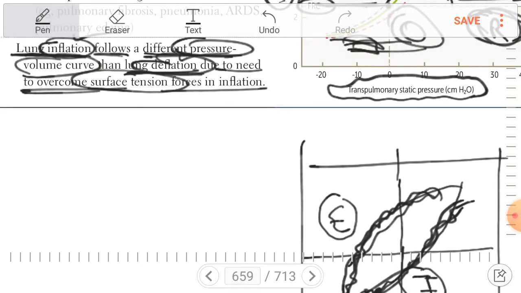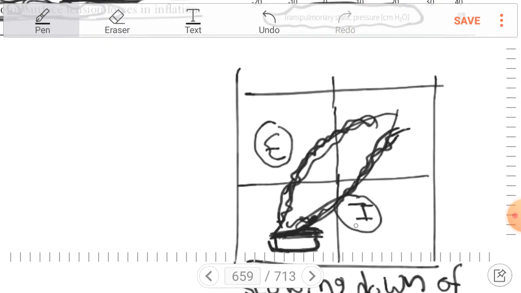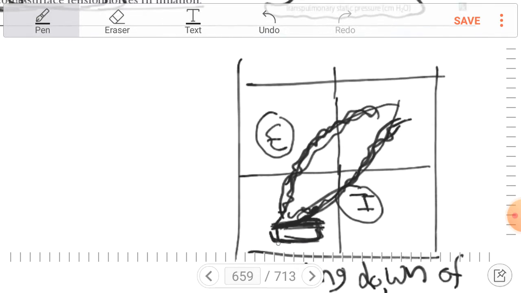There is slowing down at the beginning of inspiration. Because of what? You want to overcome the surface tension in the alveoli to begin inspiration, to open the alveoli. So the inspiration will take another curve rather than the expiration because of this period.